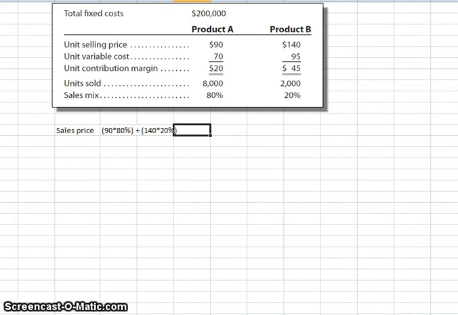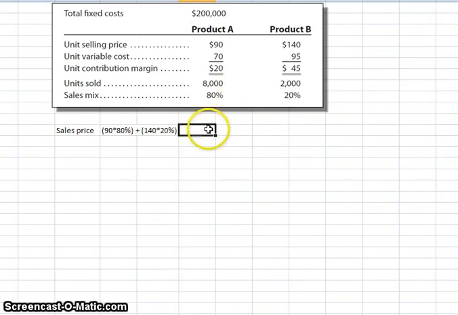If you carry these out, our new sales price is going to be $100 a piece, which is 90 at 80%, which is 72, and 140 at 20%, which is 28. So our new sales price for this new product, the combination of A and B, is going to be $100. Like I said, we're trying to come up with the combined amount.